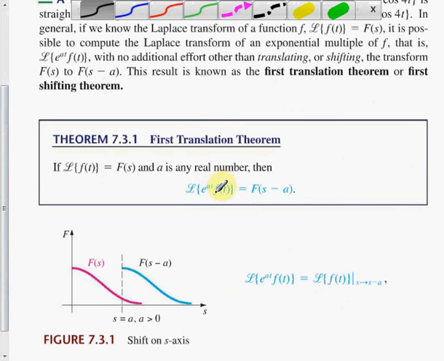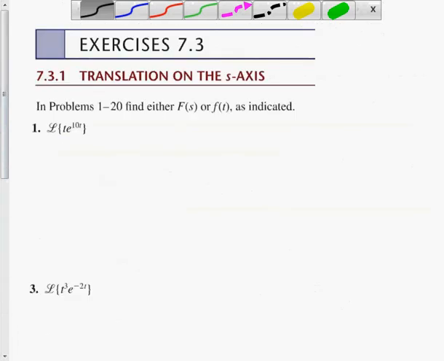That translation is when you have the Laplace transform of e to the at times some function f of t. It's said here that you take that Laplace transform and shift it a units. Now, how does that look? Well, it looks like this. Anytime I have a Laplace transform and I have e to the at times some function, I make use of the first translation theorem. Let me show you the problem.